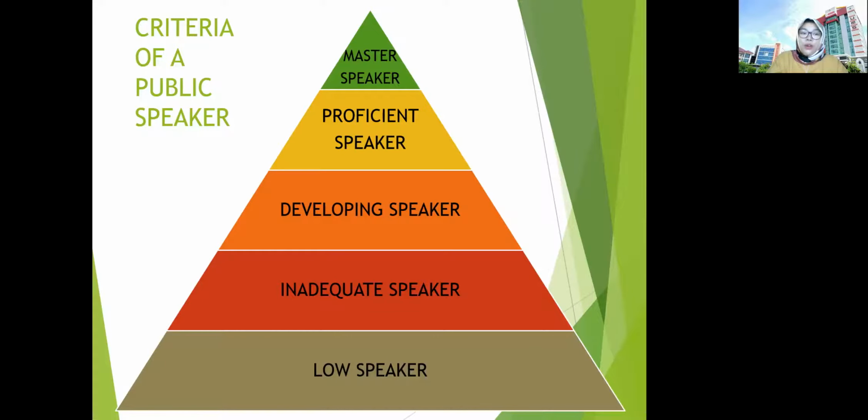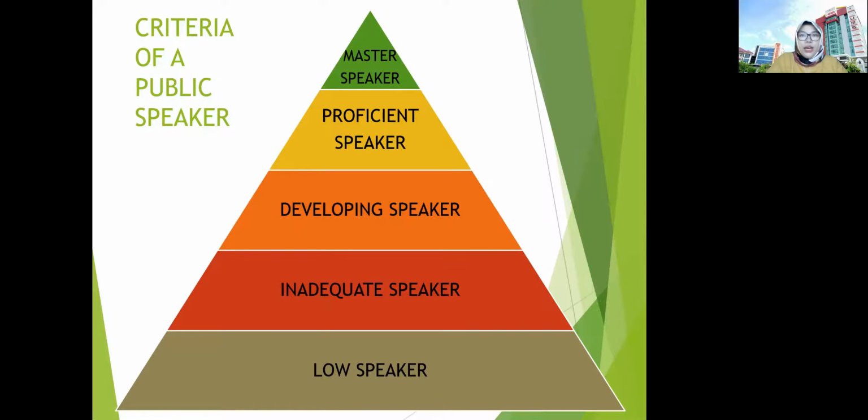Now we go on to the criteria of a public speaker. In this display, I categorize five kinds of speaker. The first, at the top, is master speaker, and then proficient speaker, developing speaker, inadequate speaker, and low speaker.